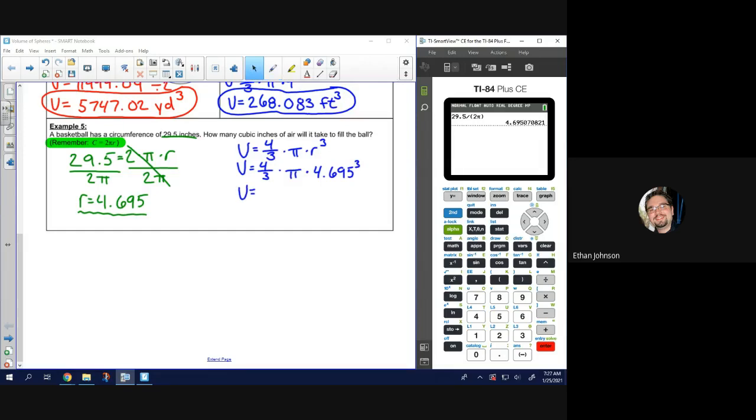Let's type that in. 4 divided by 3 times pi times 4.695 caret 3. Enter. And we get 433.506. Unit of measure, well, is inches cubed.